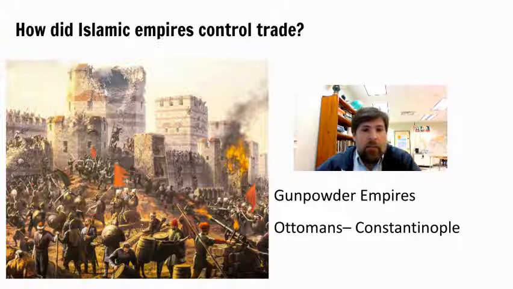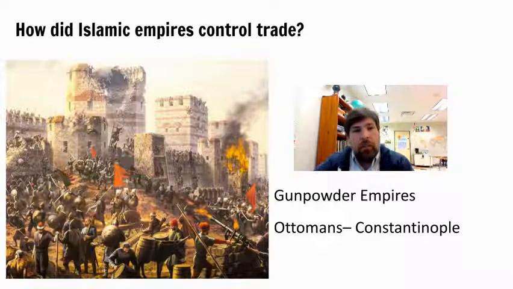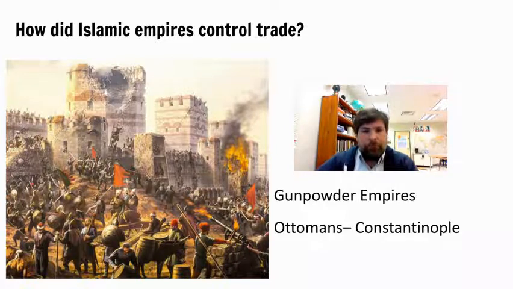And as the Islamic world grew and Islam spread, these group of people called the Turks got closer and closer to Constantinople and started taking more and more land away from the empire that ran out of Constantinople, the Byzantine Empire. And in 1453, they eventually were able to finally take over Constantinople using these massive cannons. Some of the cannons were so big that you could put a person inside of them.